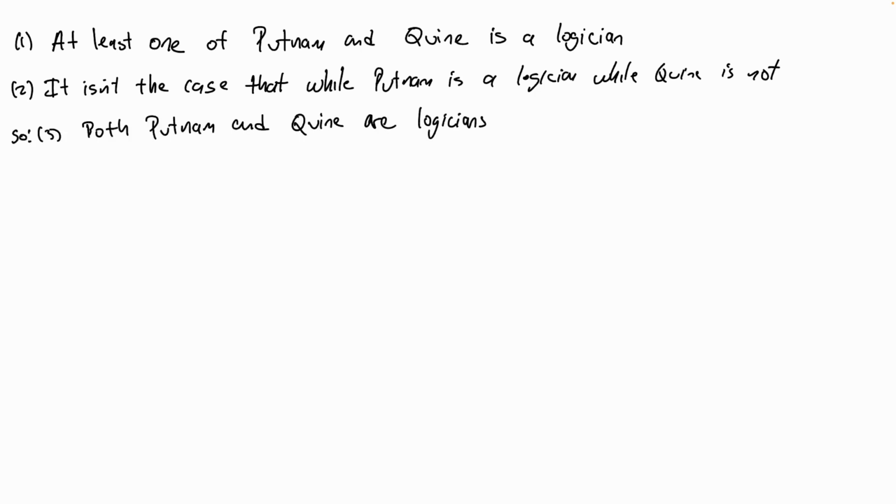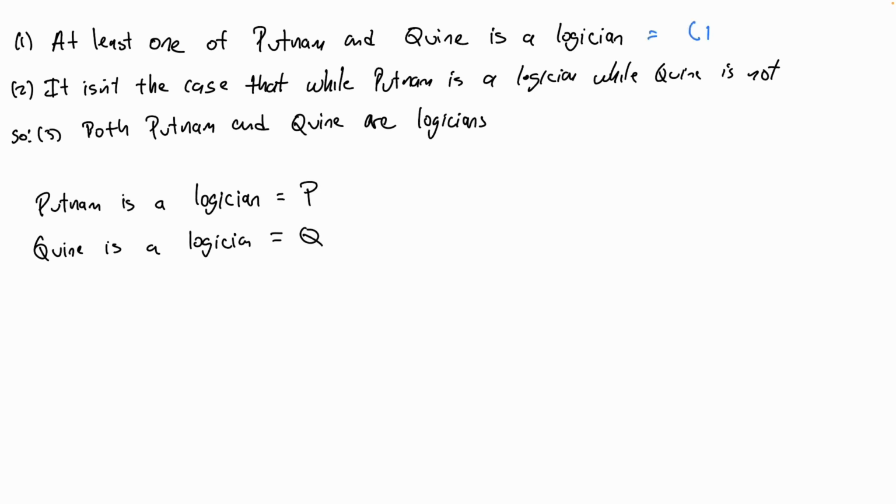Is this inference valid? Here's how the truth table method for answering that question works. Consider the first premise. Its truth value is ultimately determined by the truth values of two more basic statements, namely the statement that Putnam's a logician, which we can label P, and the statement that Quine is a logician, which we can label Q. The first premise is just the disjunction of those two statements.